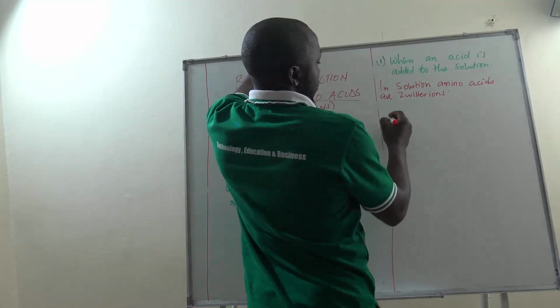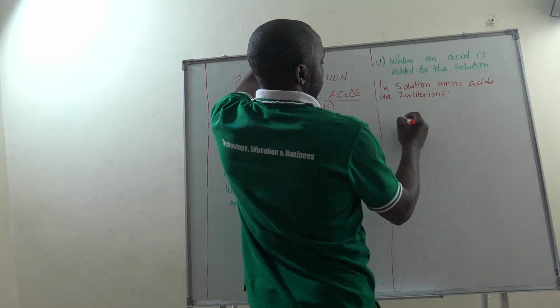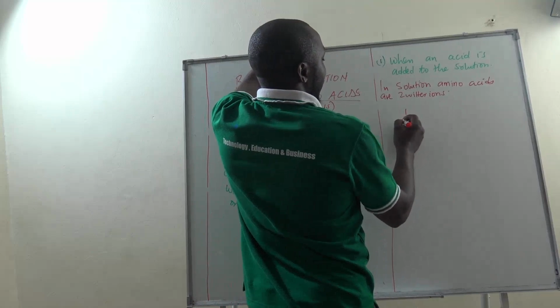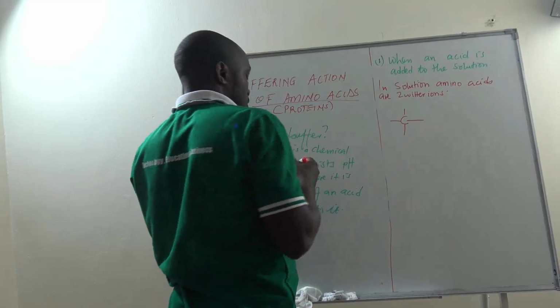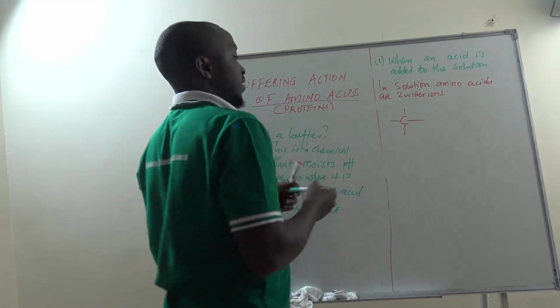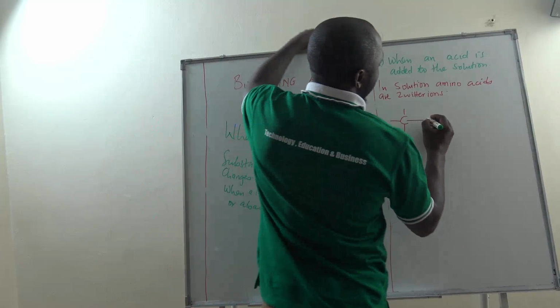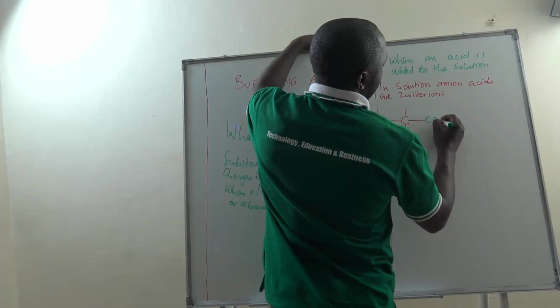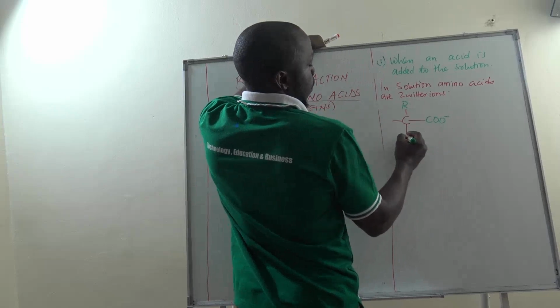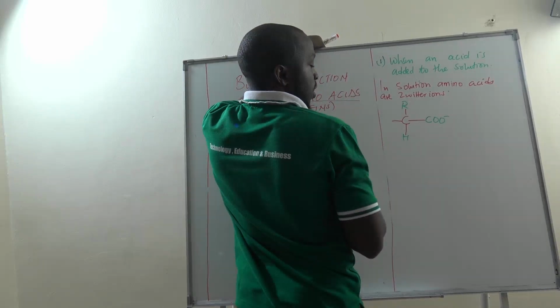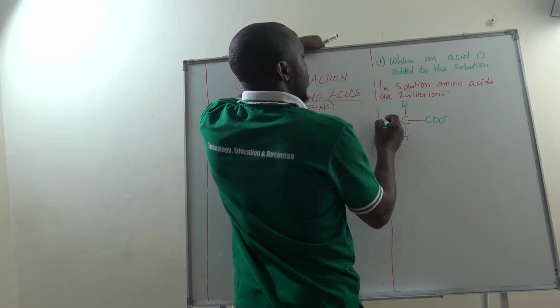So it means to a solution where an amino acid is, we shall have a carboxyl ion end, we shall have a hydrogen end, and we shall have the ammonium end.